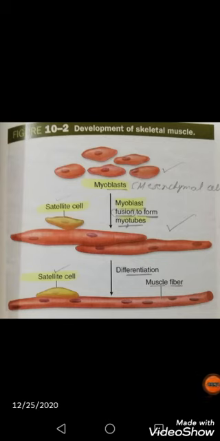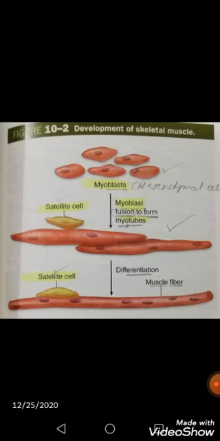Now we have to discuss a little bit about the embryological development of the skeletal muscle to know the reasoning for its multinucleation and the cell responsible for its regeneration. For this, you are looking at a picture in which you can see a single muscle with a centrally located nucleus. What is going to happen? Actually, the skeletal muscles are developed or differentiated from the mesodermal or mesenchymal cells called myoblasts.